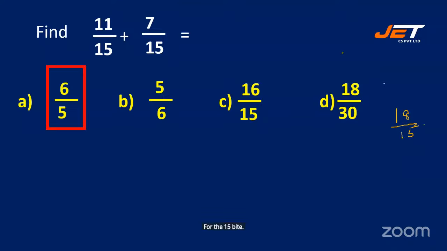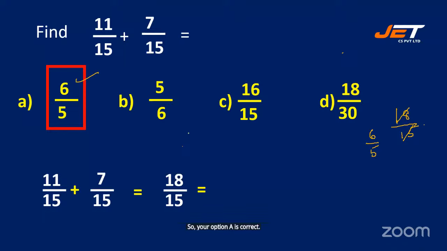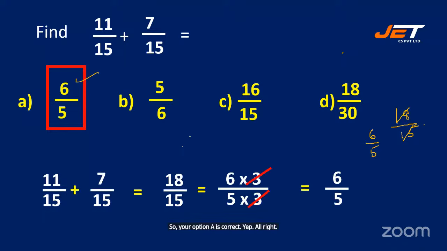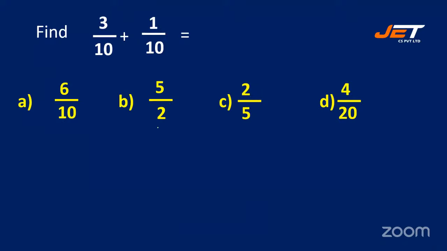Okay. Right. So we have further simplified into 3 sixes are 18, 3 fives are 15. So your option A is correct. Okay. All right. 6 by 5. See the next question.